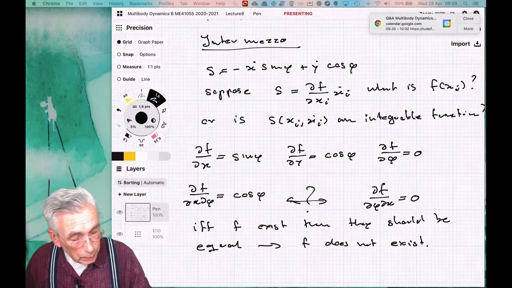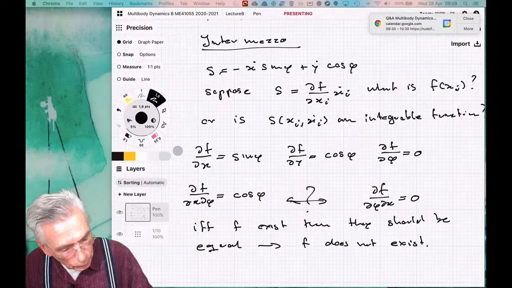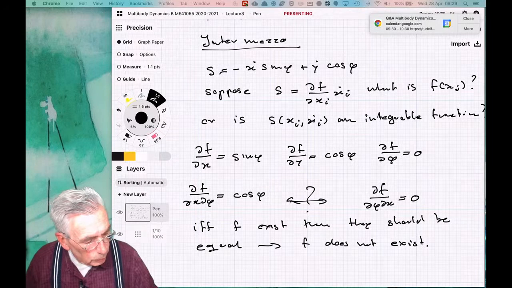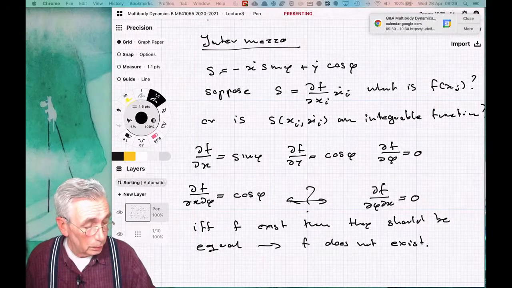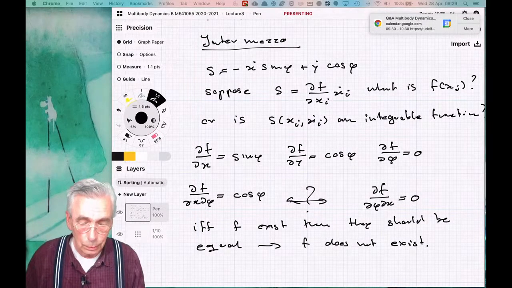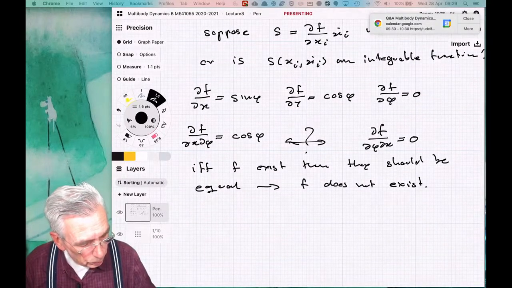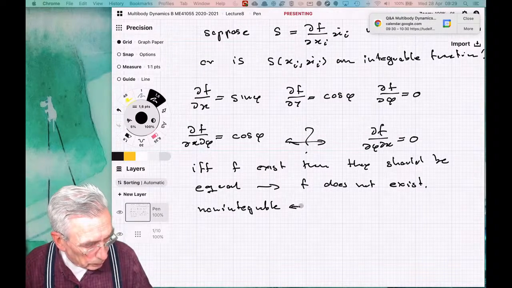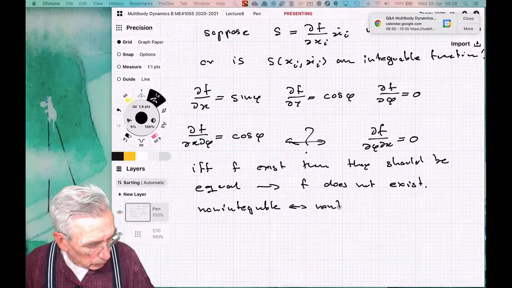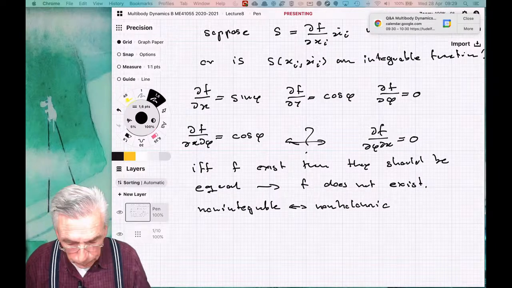If you take the integral path with respect to phi, and here if you take the integral path with respect to x, then I get different results because here I get sine phi and here I get 0. So what's going on? Well, it's non-integrable. And this non-integrable we then call non-holonomic.